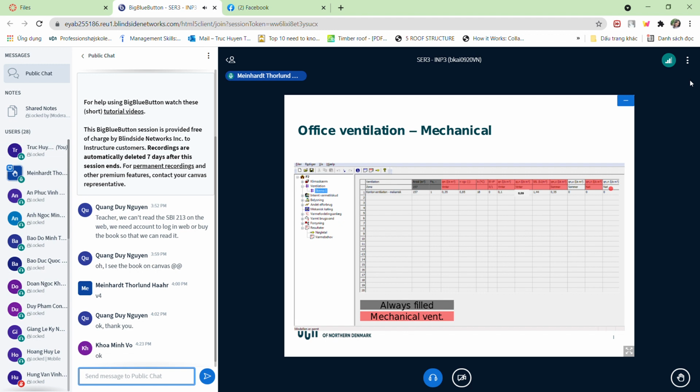But if it's another building, then it's going to be divided up into when the building is in usage, like from 8 to 16 or during work hours, and when people go home, it's going to run on night setting, and that should also be incorporated into the calculation.